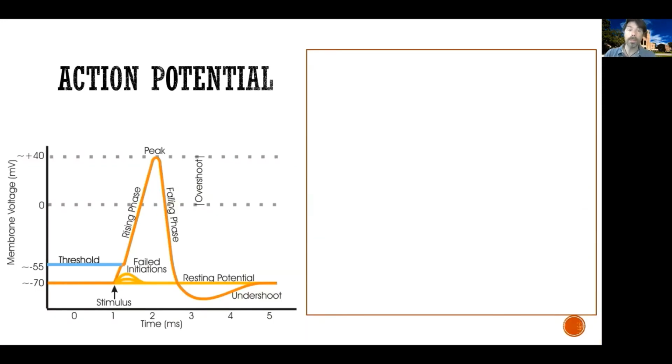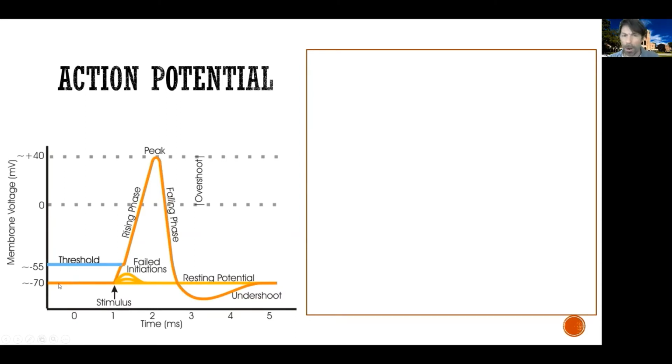Now let's look at this from a membrane potential point of view. So what I'm showing in this graph is on the x-axis time, and on the y-axis, I'm showing the membrane voltage. Now the membrane voltage is really always relative to the outside of the neuron. Typically, neurons have a negative resting membrane potential.